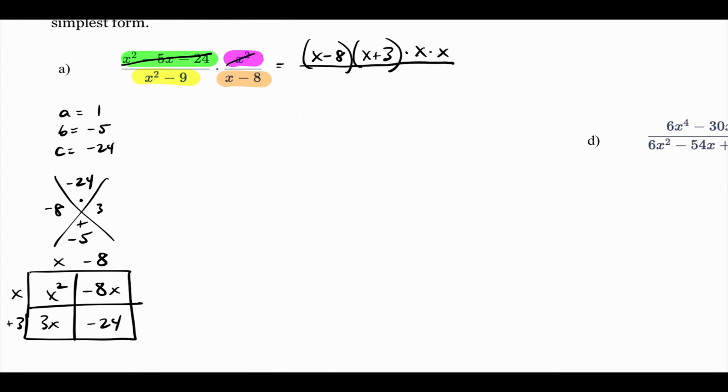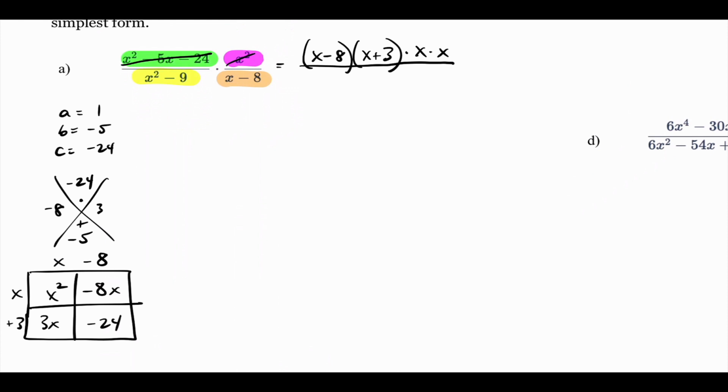The yellow now. The yellow is a binomial. It's got two terms. X squared minus 9. So I'm going to use the binomial steps. First thing, does the yellow have a GCF besides 1? No. So is it difference of squares? It is difference of squares, right?